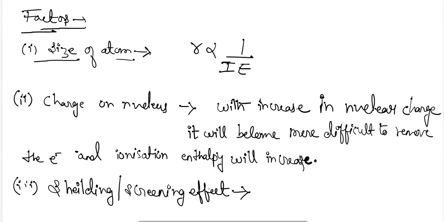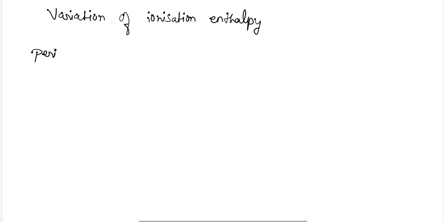Let's move further and see the trends for ionization enthalpy in the periodic table. First, the variation of ionization enthalpy in periods.